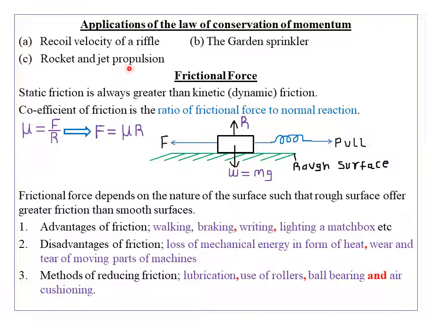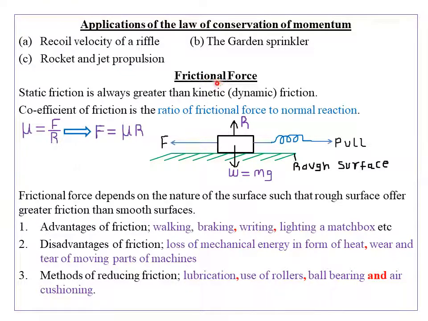That simply ensures that the total initial momentum and the total final momentum are equal, and therefore momentum is conserved, and hence the jet or the rocket continues moving upward. Therefore the forward thrust is simply provided by the exhaust gases, which are expelled at a very high velocity at the rear end of the rocket and also at the jet. This provides the upward motion as the jet moves upward.